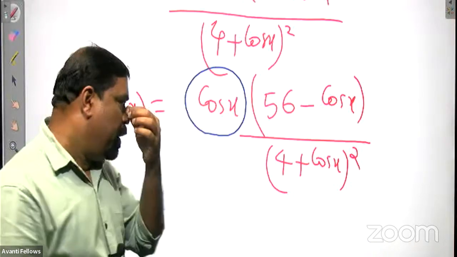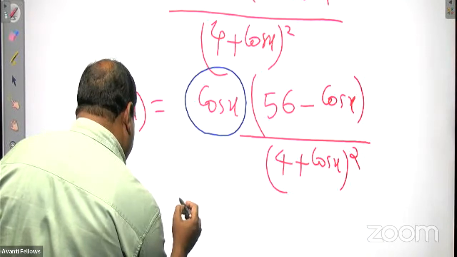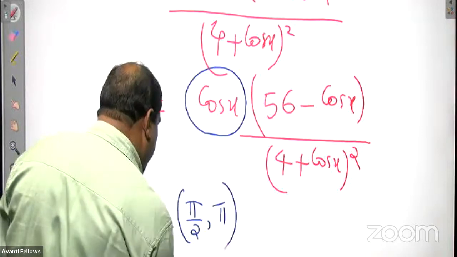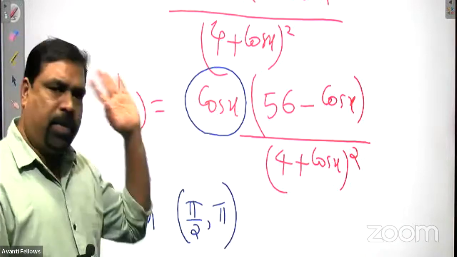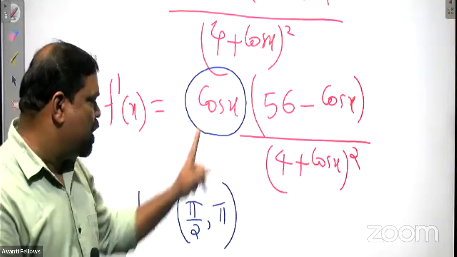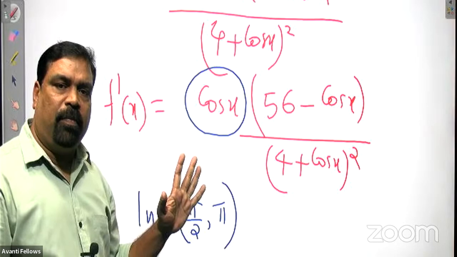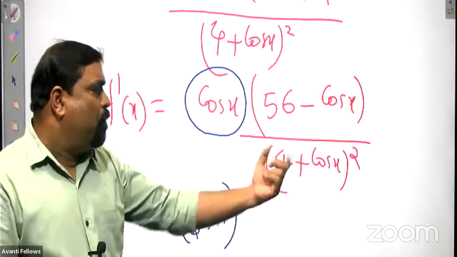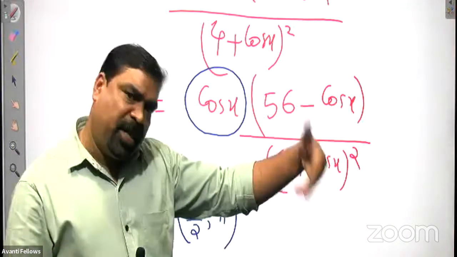Now you just tell me, in the given interval, which interval is given? Pi by 2 to pi. In this interval, what is the sign of cos x? Everything depends upon this cos x only. The other terms are already positive: (4 plus cos x) whole square is always greater than 0, 56 minus cos x is always greater than 0.